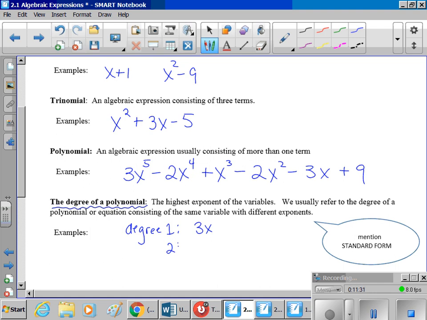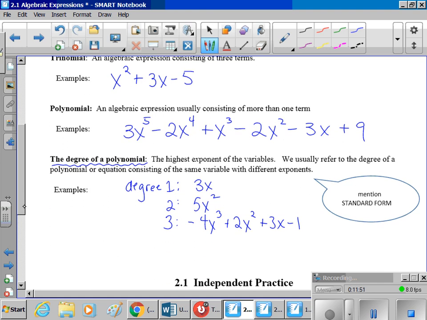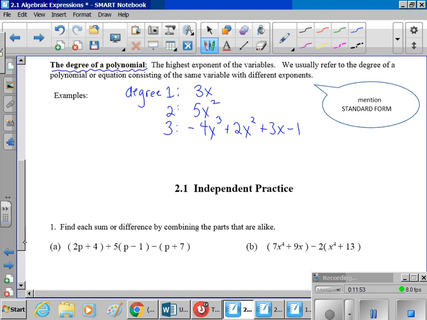Degree 2 would be something like 5x squared. Now I'm using monomials as examples here. Degree 3 would be negative 4x to the 3rd power, and you can even have several other terms after it, but the highest exponent is going to be your degree.